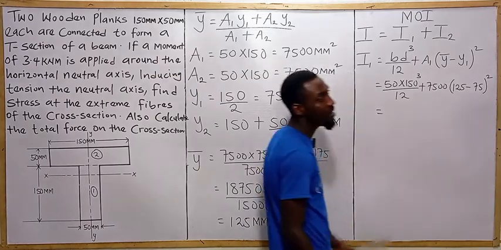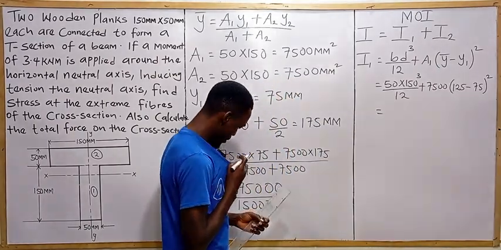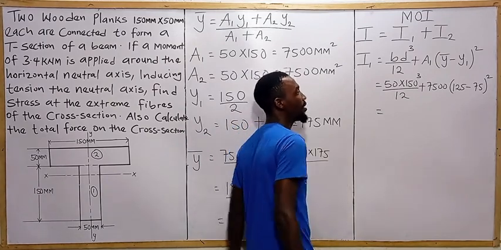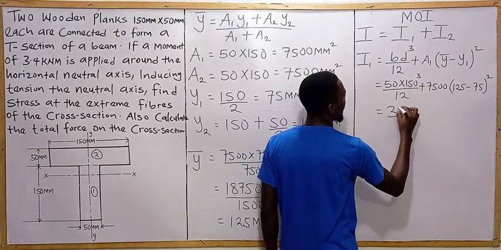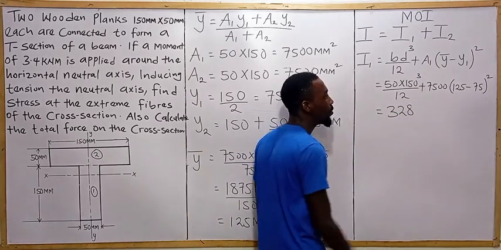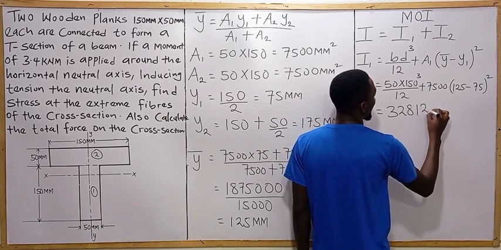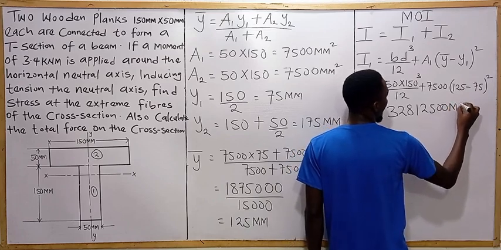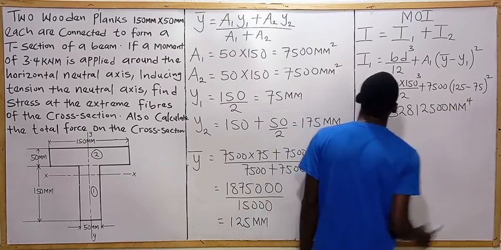If you press this directly from your calculator, our I1 is 3281,2500 mm to the power of 4.